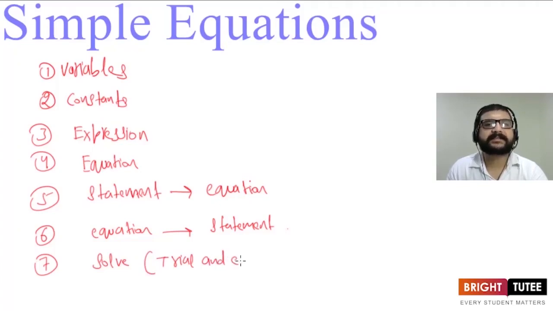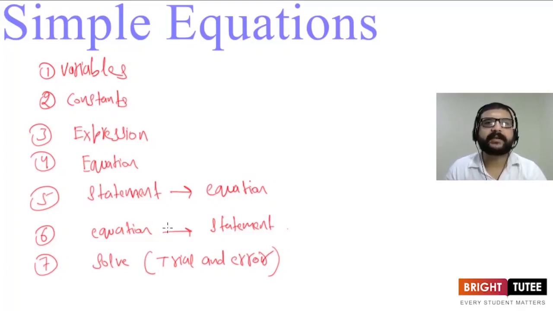In this method, we just randomly select any number and try to substitute that number in the equation and check whether it is satisfying the equation or not. If it satisfies, then we conclude that it is the solution of the equation. Otherwise, we go for the next number. And then we do the same procedure again and again until we get the number which satisfies the equation, or which is the solution of the equation.